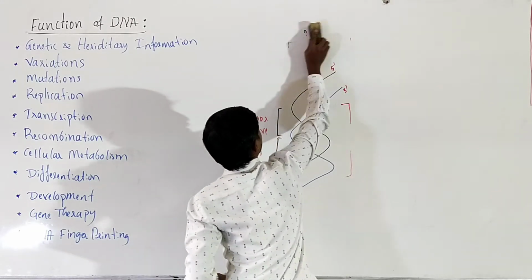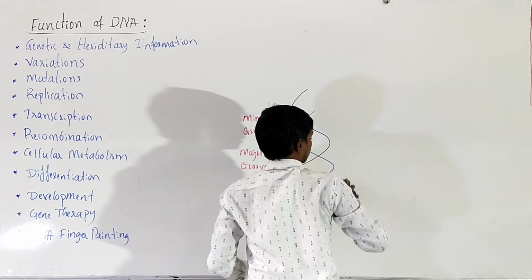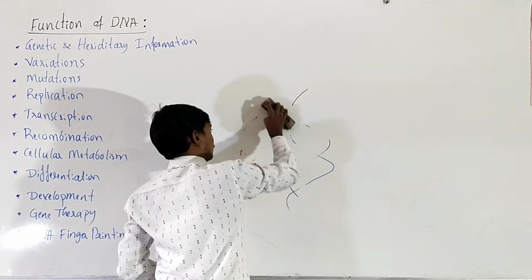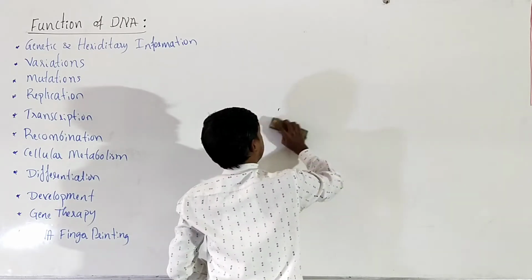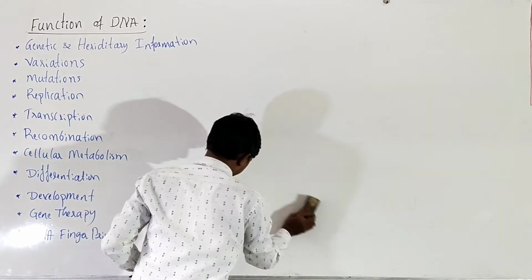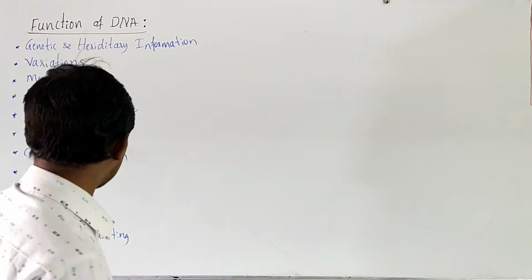Not only the diagram, but also the numericals, that is pitch of the helix, angle of rotation, and number of base pairs, are important.